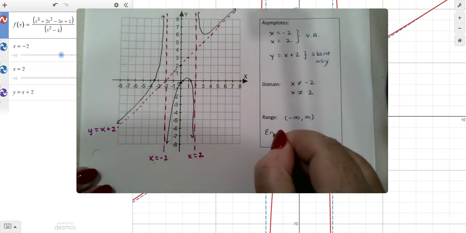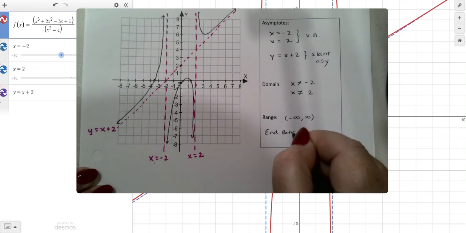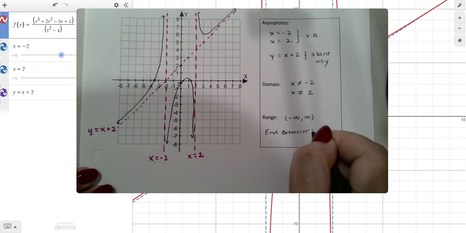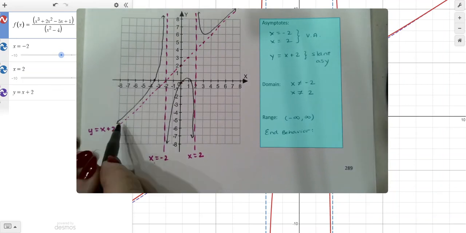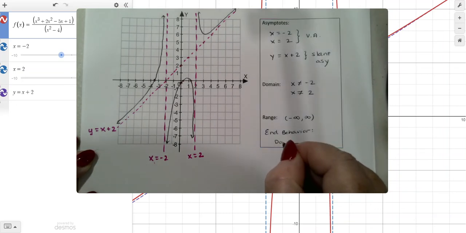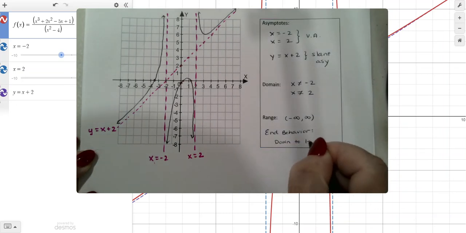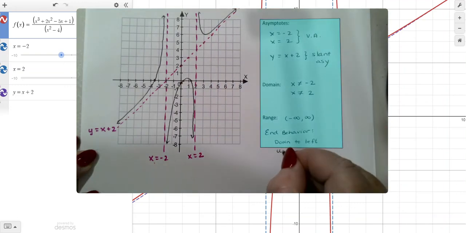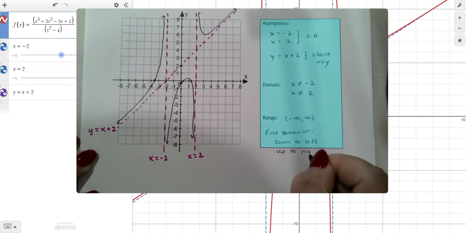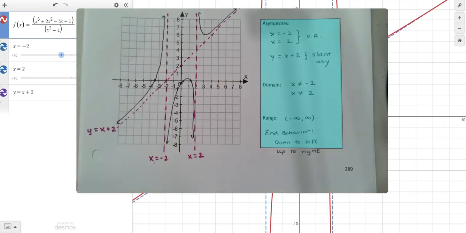And as far as the end behavior, because of the way the slant asymptotes work this time, this one really is just going to go down to the left. And this side is going to go up to the right, which is usually sufficient.